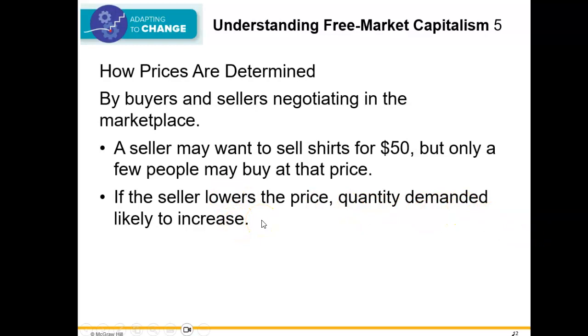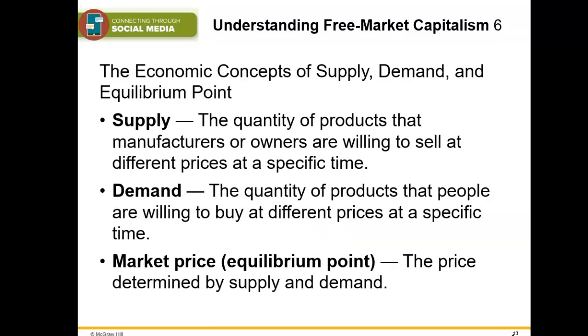So if the consumers feel that that price is too high, you may have a few buying that product, but not many. The seller knows that if they lower the price, based upon feedback from the consumers, then the demand is going to increase for their product. Okay? It's called the economic concept of supply, demand, and the equilibrium point.